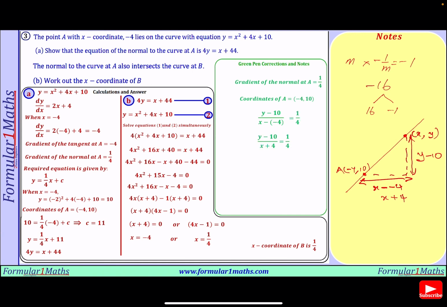Simplify that, you're going to get (y minus 10) over (x plus 4) is equal to 1/4. If you cross multiply, you're going to get 4(y minus 10) is equal to x plus 4. Then expand the brackets, you get 4y minus 40 is equal to x plus 4. Rearrange, you get 4y equal to x plus 4 plus 40, and simplify, you get 4y is equal to x plus 44.